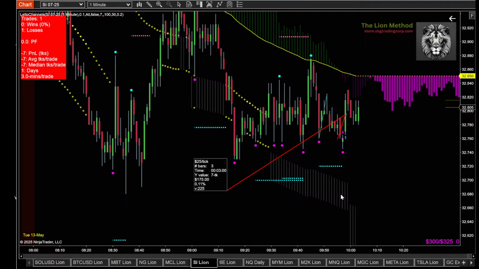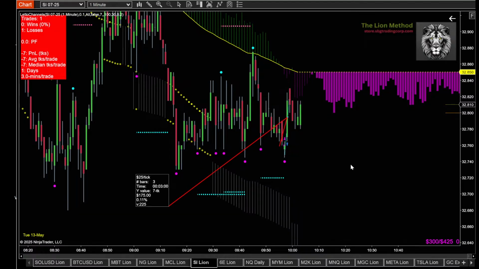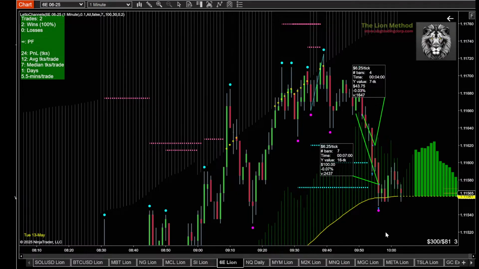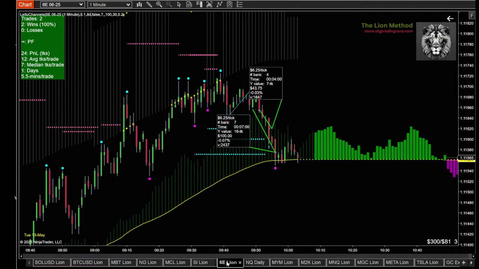I do like this downward tendency here. What is this risk? $250 risk. Too much now. It's getting bigger. All right, 6E is there.